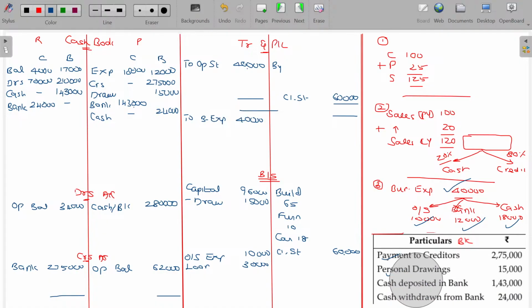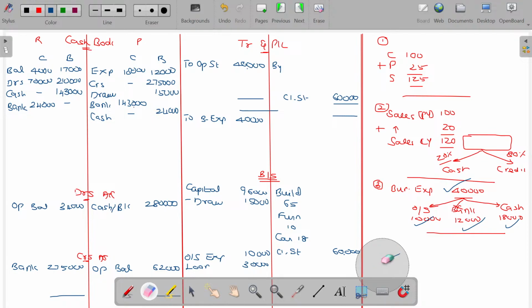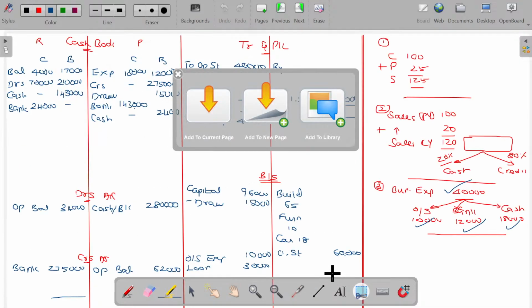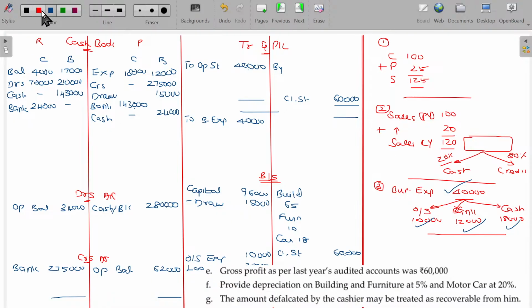So with that, these points also are incorporated. Now, we still have three more points, E, F, G. I'm going to incorporate these 3 points here. Gross profit as per the last year's audited account is 60,000 rupees. GP in the previous year 60.